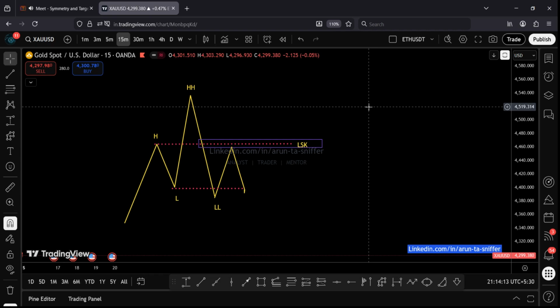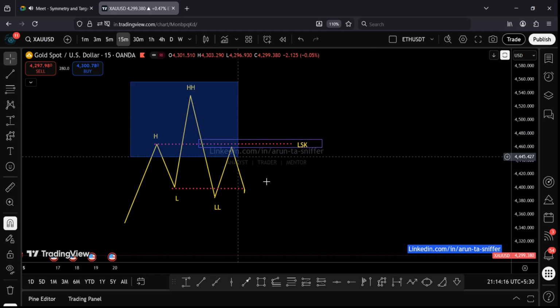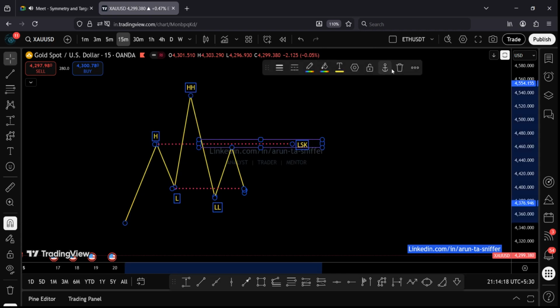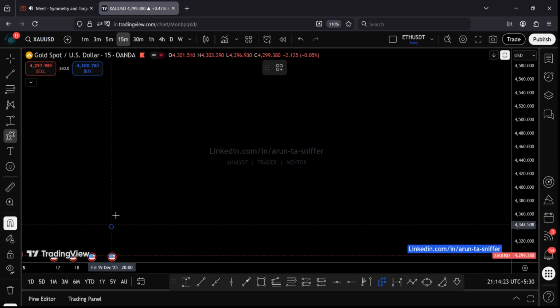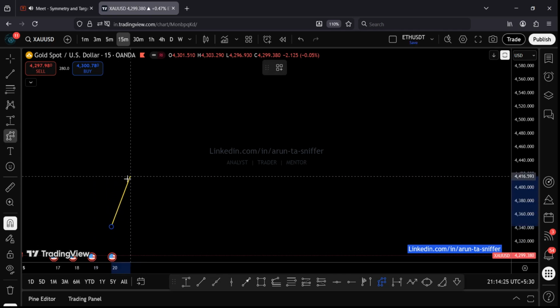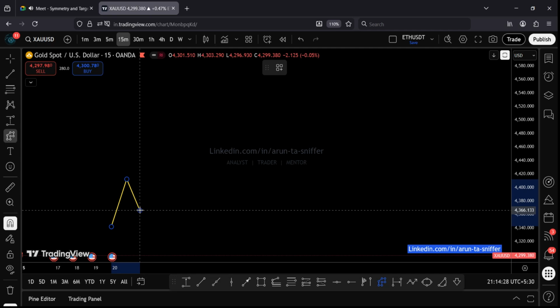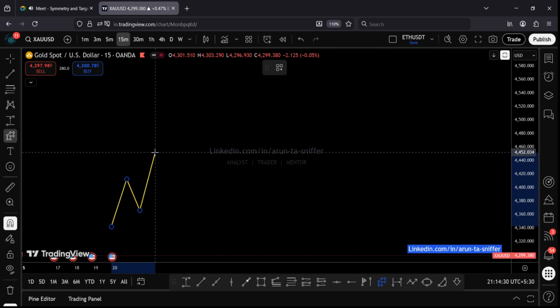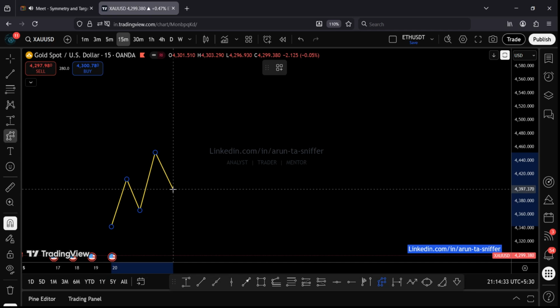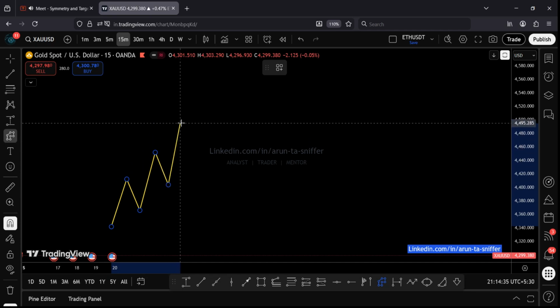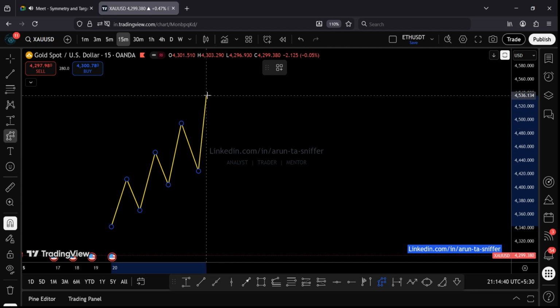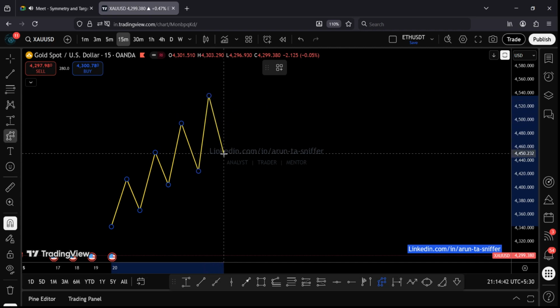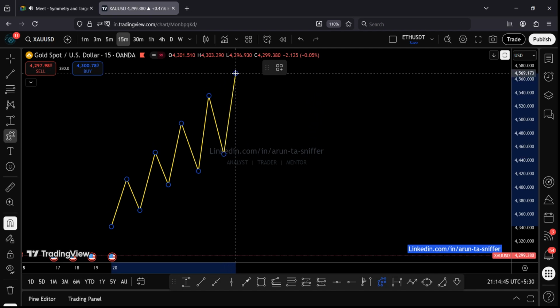Okay, so let's see how it works in complex structures. Think like this, price is moving like high, low, higher high, higher low, higher high, higher low, lower low, higher low, higher high, higher low, higher high, and then what happens?